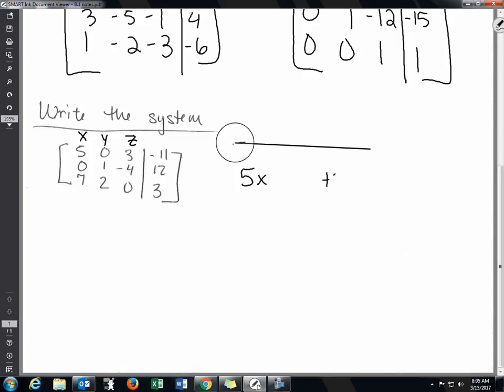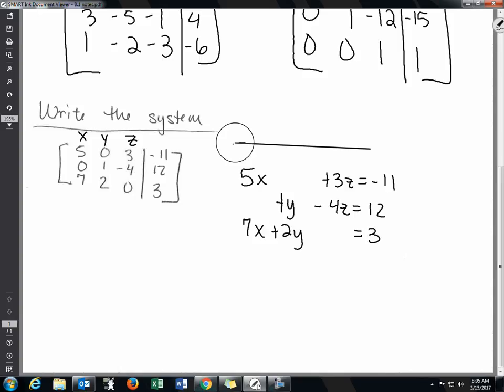Then I have 0x plus y minus 4z equals 12. And then I have 7x plus 2y equals 3. I left it spread out so you can see the holes are where the zeros are.